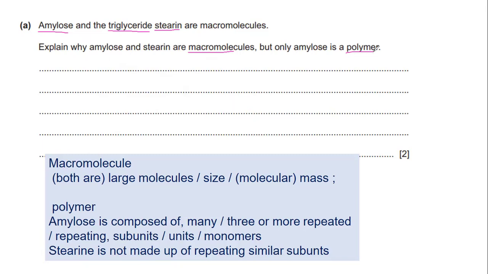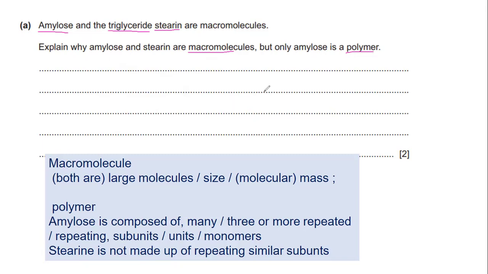As simple as that. Or it's made up of many repeating monomers, or many repeating identical subunits. Like an example, amylose is made up of glucose as a subunit.